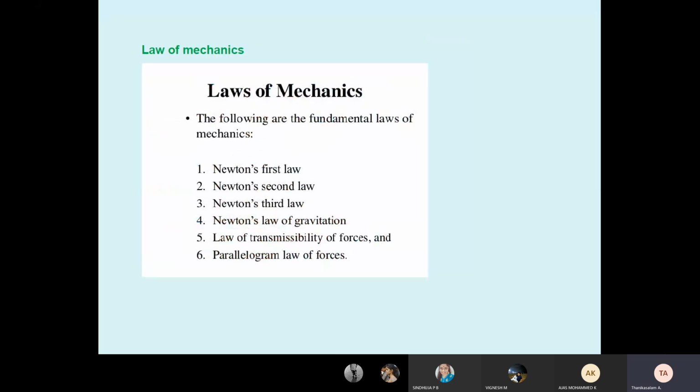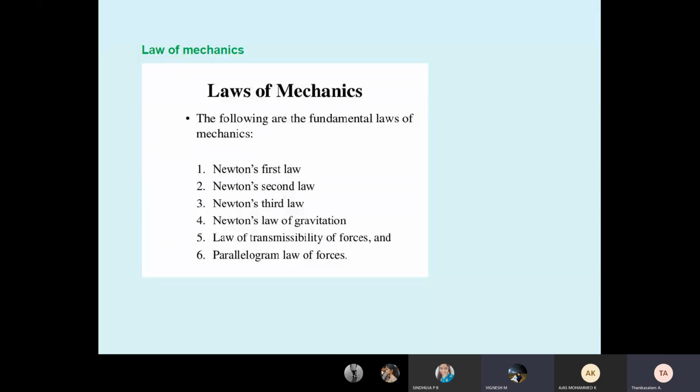Then laws of mechanics. The following are the fundamental laws of mechanics. Vignesh, read all the laws. The fundamental laws of mechanics: Newton's first law, Newton's second law, Newton's third law, Newton's law of gravitation, law of transmissibility of force, and parallelogram law of forces.